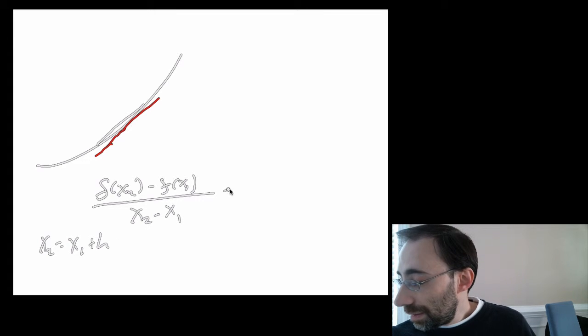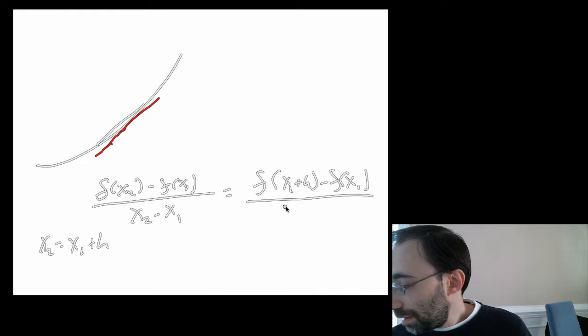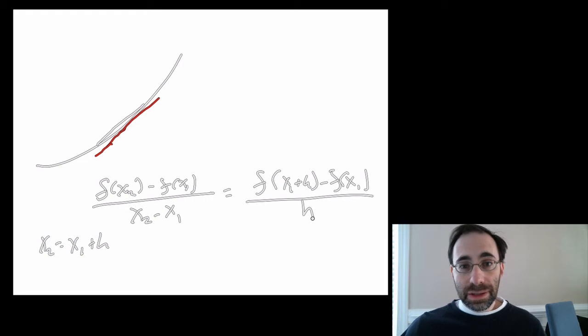In that case, this becomes f of x1 plus h minus f of x1, divided by h. And that is the same way of writing the slope of the line as the previous way, just replacing x2 with x1 plus h.